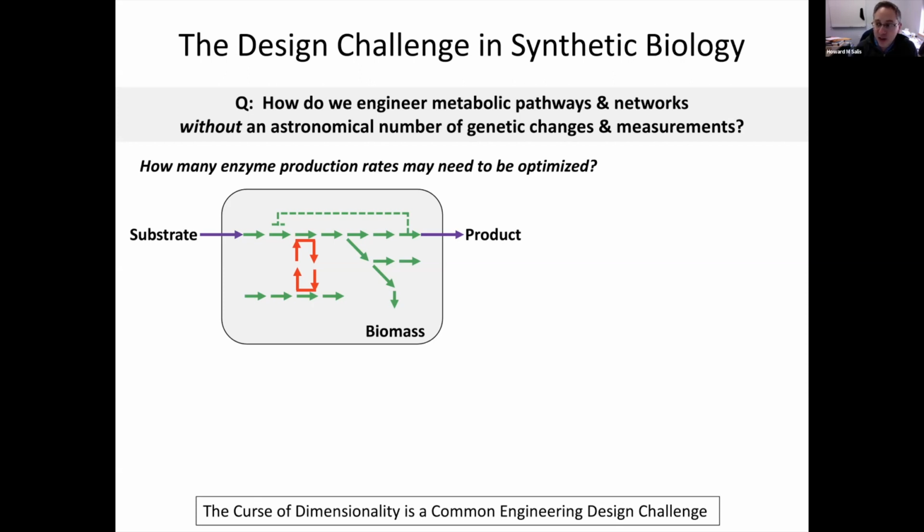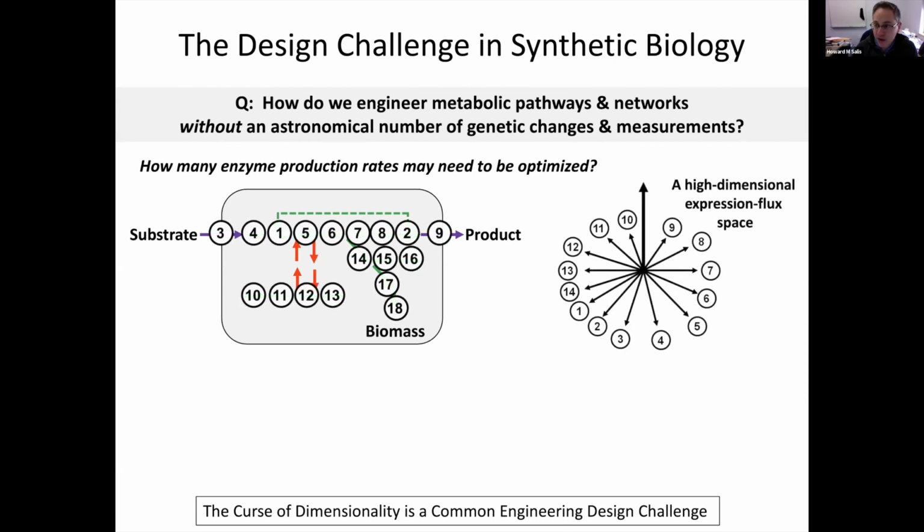So first, we can start off by writing down all of the enzymes responsible for converting a substrate like glucose into a product like a specialty chemical, whether it's a biodegradable plastic or a fuel or a pharmaceutical. Now, if you actually do write down all the enzymes from substrate to product, as well as cofactor regeneration and production of biomass, you're going to get a long list. And here I've just written down 18, but in fact, there are more than 18 enzymes involved.